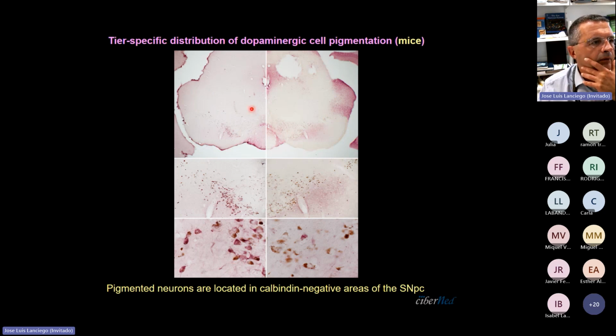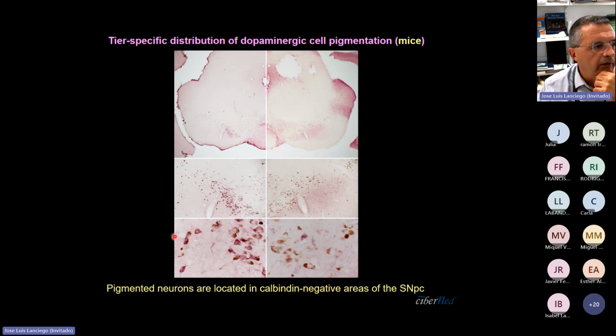What you have on the left is one section of the substantia nigra of these mice stained for aldehyde dehydrogenase to disclose neurons in the ventral tier. And this is the next section, in that case stained for calbindin to disclose the dorsal tier of the substantia nigra. This is just some intermediate level of magnification.